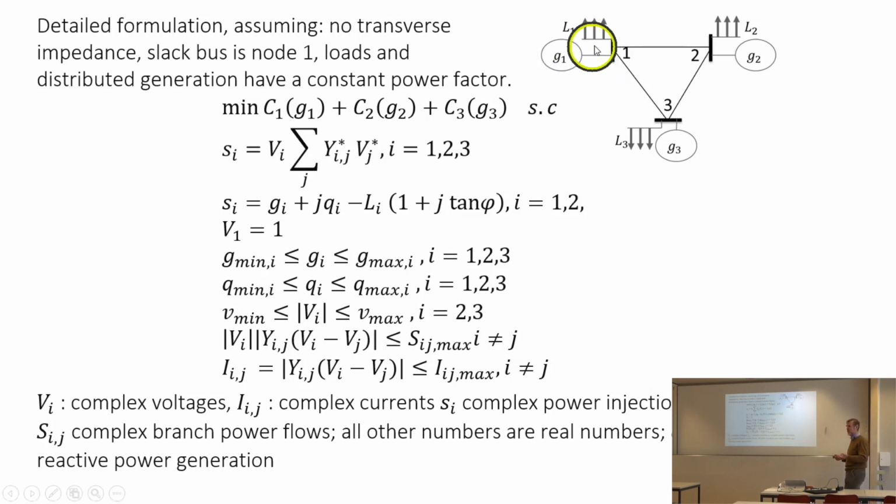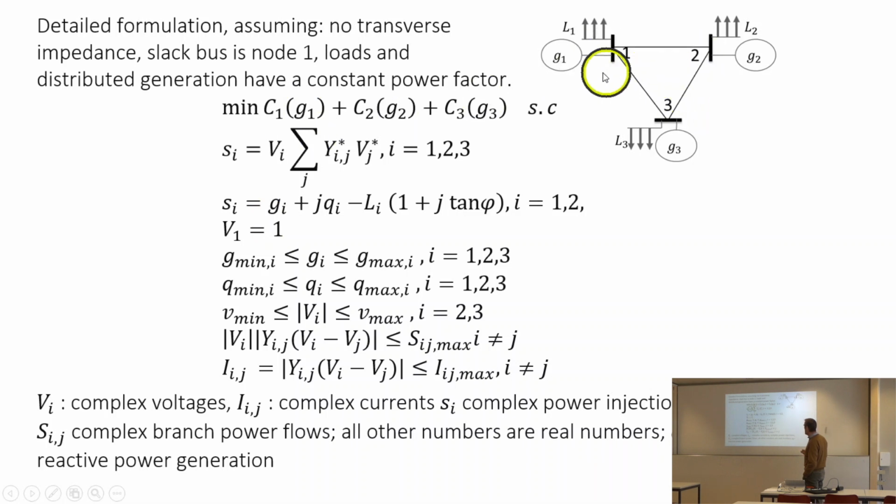The main grid is supposed to be so large that its voltage is constant and that it will absorb any instantaneous imbalance here. So that's the first concept we see here. Practically for us, from a mathematical viewpoint, it means we assume that this will impose a voltage here. The voltage of bus 1 will be 1 per unit. So that gives us one constraint here that's easy to satisfy.